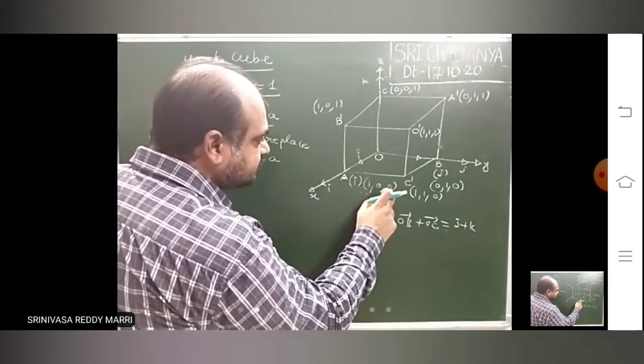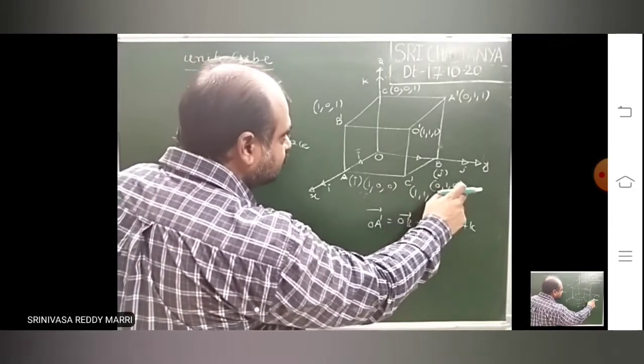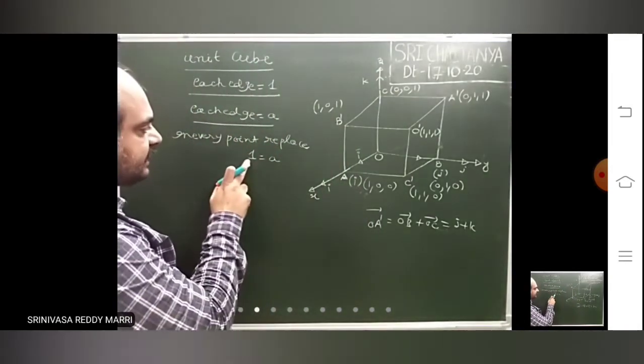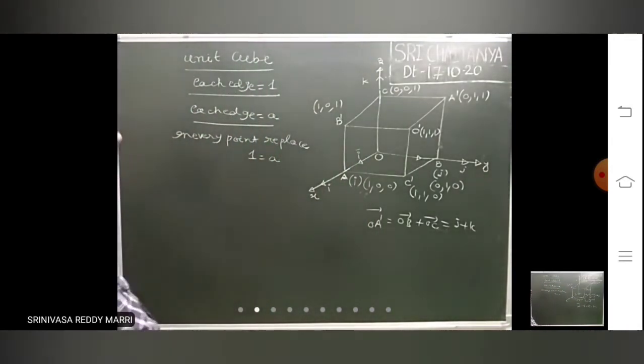This will be 2, 0, 0. Just like that 0, 2, 0, 0, 0, 2, 0, 2, 2, 2, 0, 2. Whatever the edge length is, replace 1 with that.